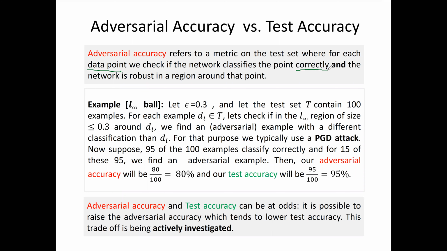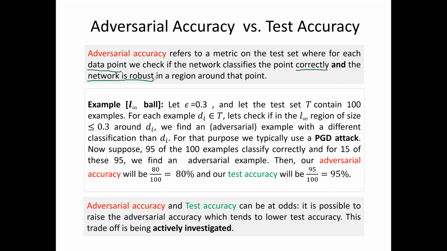So it has to predict the right label for this point, and it also has to be the case that the model is robust in the region around this point that we have designated. So we are interested both in whether the point is classified correctly, and whether the network is robust in a region around the point.